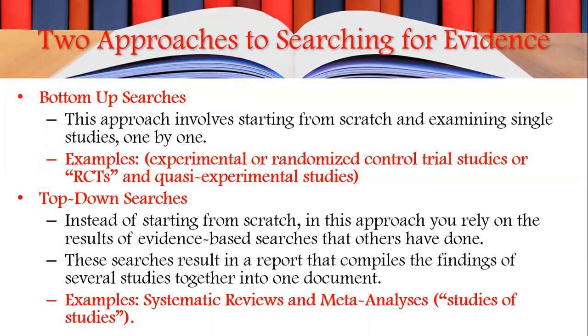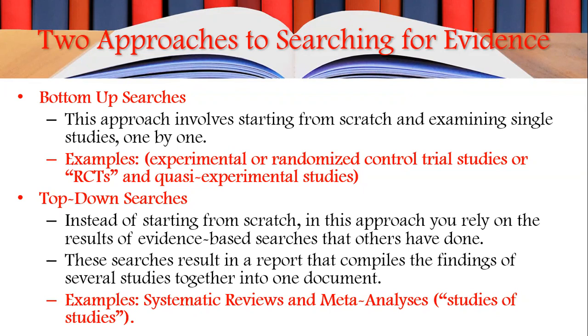You're not relying on anyone else's search process or the integrity of their search process, because we don't really necessarily know the integrity with which someone has completed their search. And so by us doing our own bottom-up search, it allows us to pull the evidence in the way that we see fit, rather than relying on someone else.